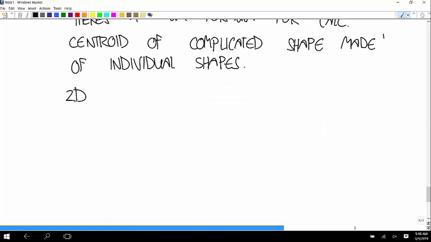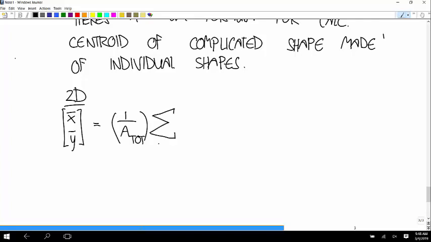In 2D, it looks like this. It actually looks just like the integral definition of centroid, except in a finite version. So you have x bar, y bar is equal to 1 over the total area. Instead of an integral, since these are finite things, we have a sum.